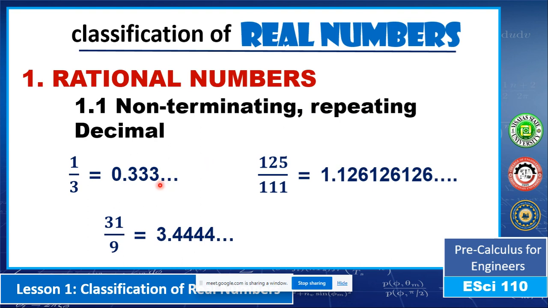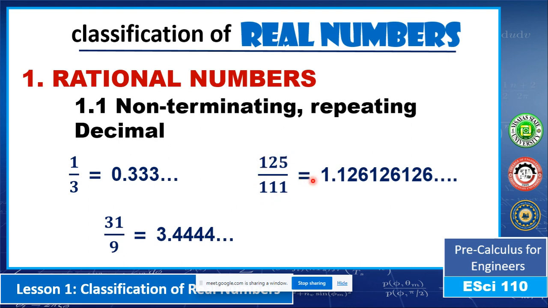Since it repeats, it has a pattern. In short, it has a pattern. For example, 1/3 is equal to 0.3333, meaning the digit 3 is repeated infinitely. So it repeats infinitely. Another example, we have 125 over 111.